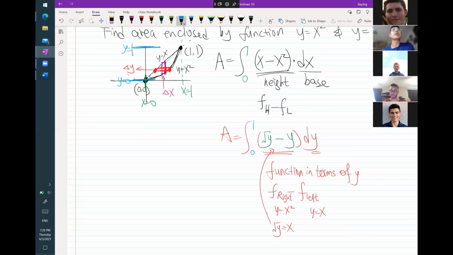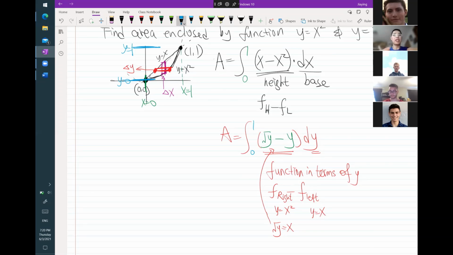Will something like this be on the quiz? Yes, there'll be something like this on the quiz. This is section 6.1, area between curves. You can choose either method. It's always good to have the region available and then draw just one rectangle, either a horizontal rectangle or a vertical rectangle.